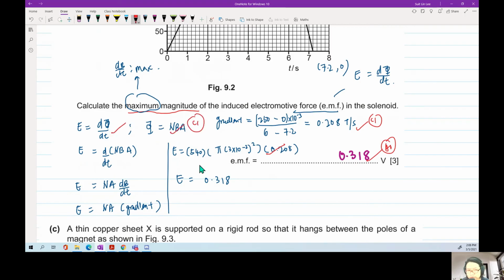This is C1, so you know how to start. We start with Faraday's law, proportional or equal to d flux dt, and flux is equal to NBA. Somehow you define already NBA. So we're looking for this and the continuation. Somewhere here there is 1 mark. If they are nice, they will give you the mark here. If they are less nice, they will only give you the mark here. I think they are nice.